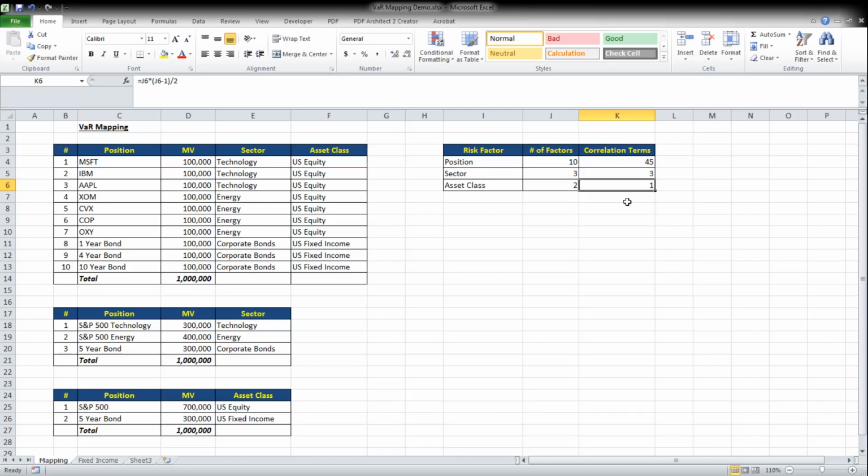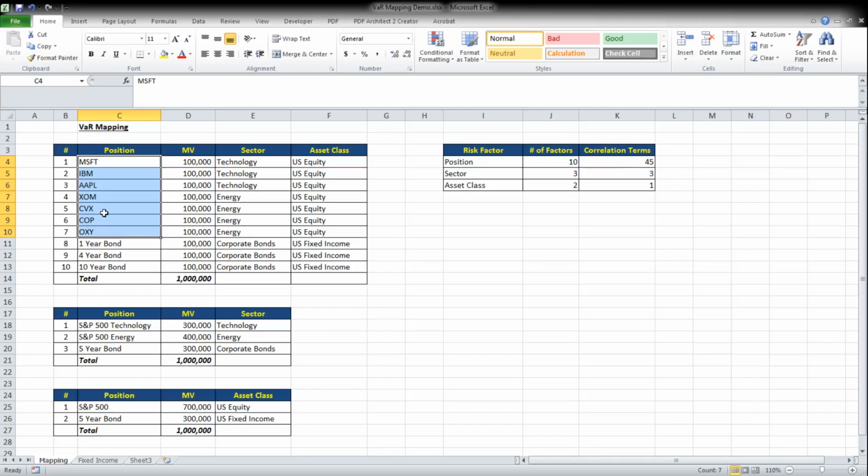The second advantage is that it counters the disadvantage that you lose the granularity of each position. But you may argue that for a large enough portfolio, the idiosyncratic risk, the specific risk that each one of these positions has that you're ignoring by mapping, it actually gets diversified away.